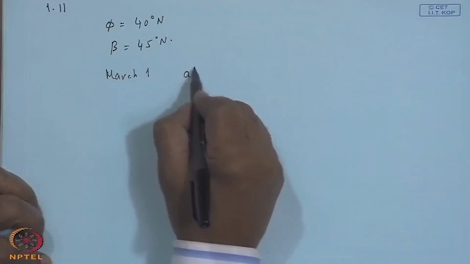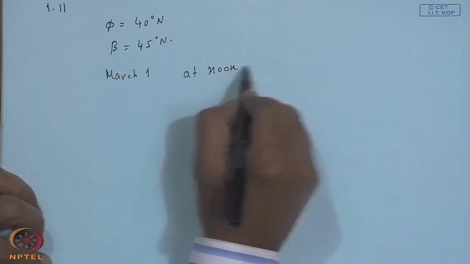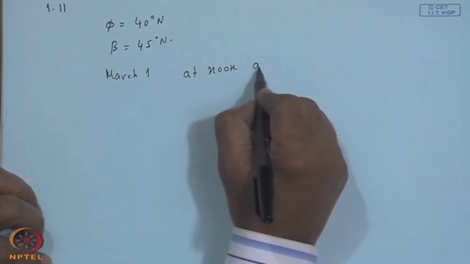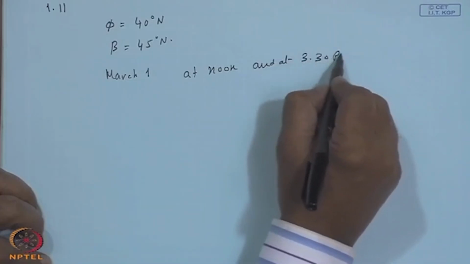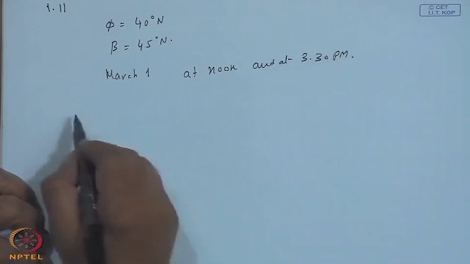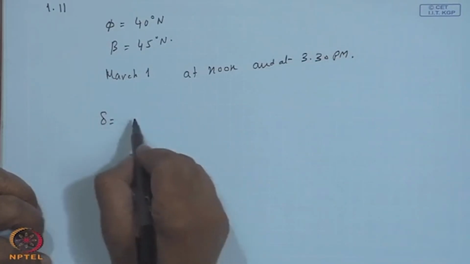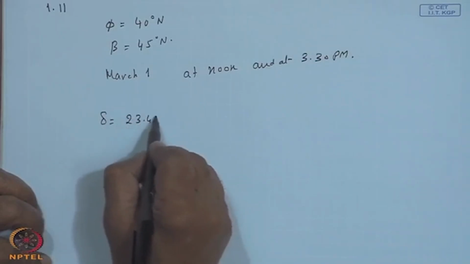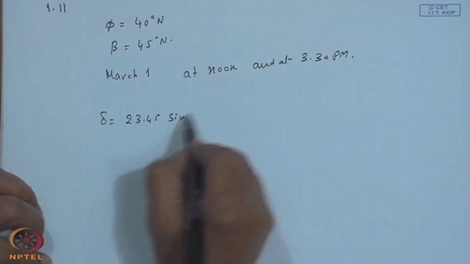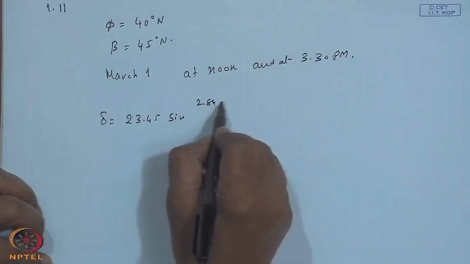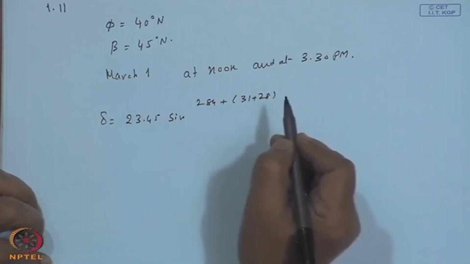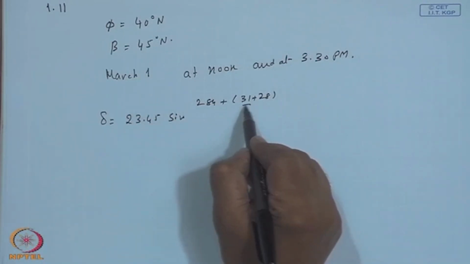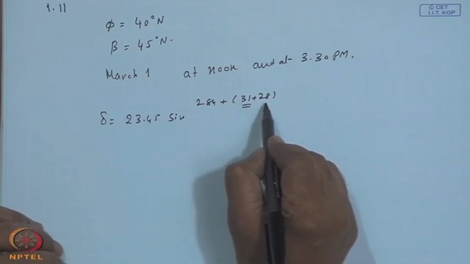and at noon and at 3:30 p.m. So, declination is 23.45 sin of 284 plus 31 plus 28, because this is March 1st, 31 days for the month of January and 28 for the month of February.